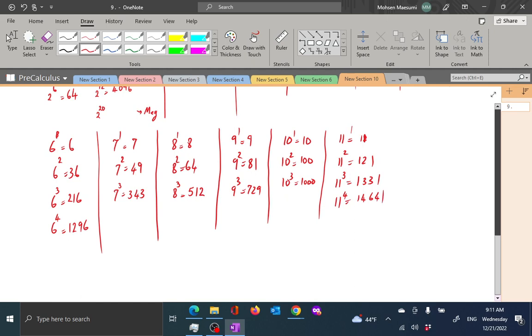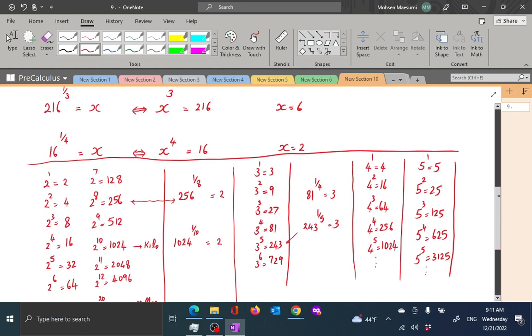There's a pattern to these numbers. I hope you see that from Pascal's triangle, and so on. So these are a set of powers that we need to know by memory. It's recommended we know them by memory, just so that the conversation flows easier.